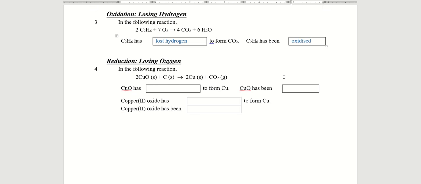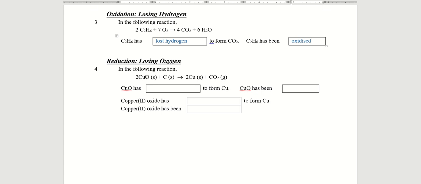Now let's talk about reduction in terms of losing oxygen. This is a reduction reaction. Copper 2 oxide reacts with carbon to form copper and carbon dioxide. You may recall this equation from the chapter on metals, for the reduction of metals.